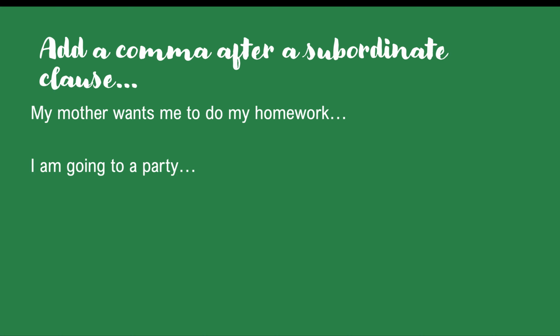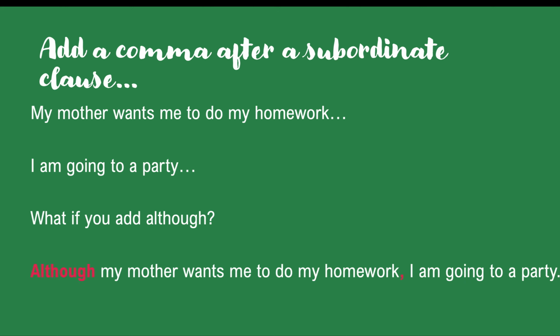But let's say you want the first part to be subordinate to the second part. What would you add? You could add although. Although my mother wants me to do my homework, comma, I'm going to a party. This is kind of tricky to figure out what is subordinate and what is an independent clause. Well, one way you could do it is if you read the sentence out loud to yourself.